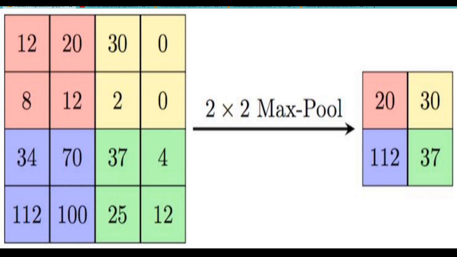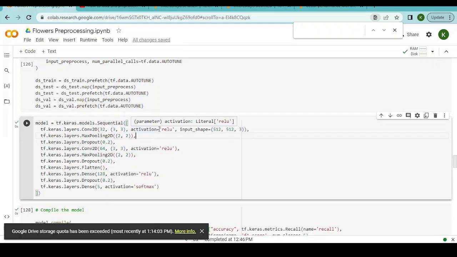What the max pooling layer will do is take the length and width dimension and have a kernel size of 2 by 2. With this kernel size of 2 by 2, it will take the largest pixel value from that particular window that the kernel maps, compute the max value of that window, and give it as the output.